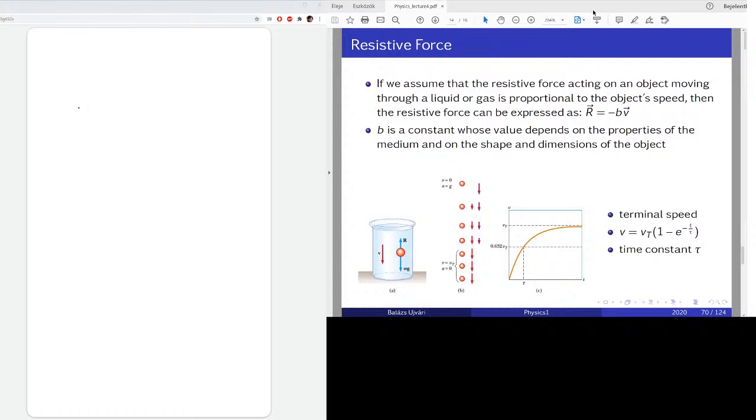And the velocity of the body won't exceed a given value, this is the terminal speed or settlement velocity and so on. So at a given time, depending on the viscosity of the water and the shape of the ball, it will stop accelerating and will move with a constant speed.